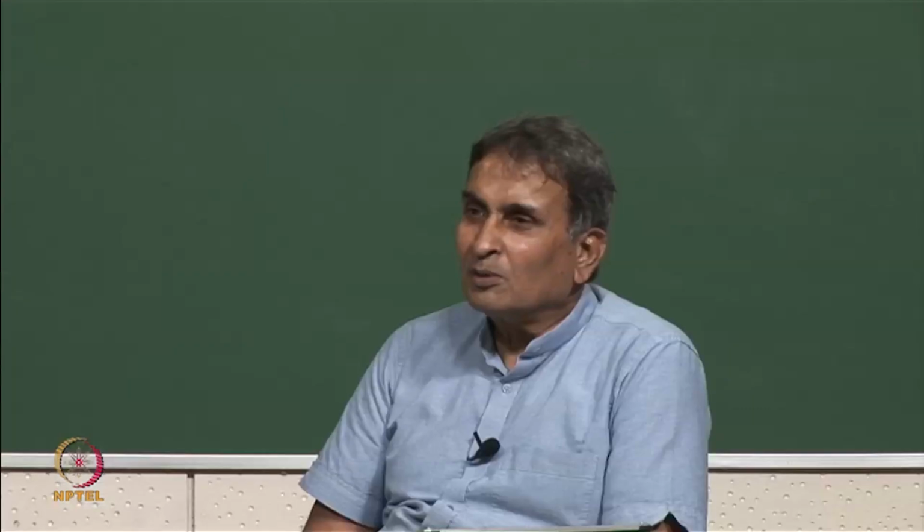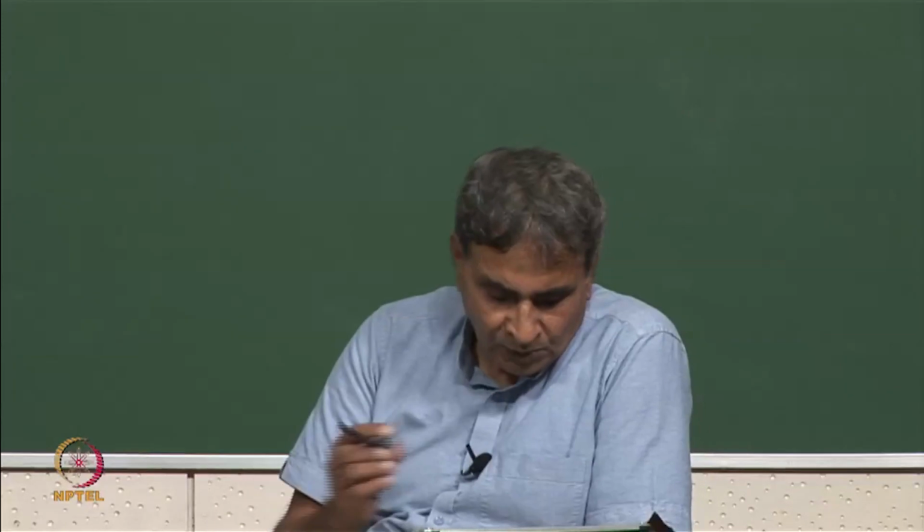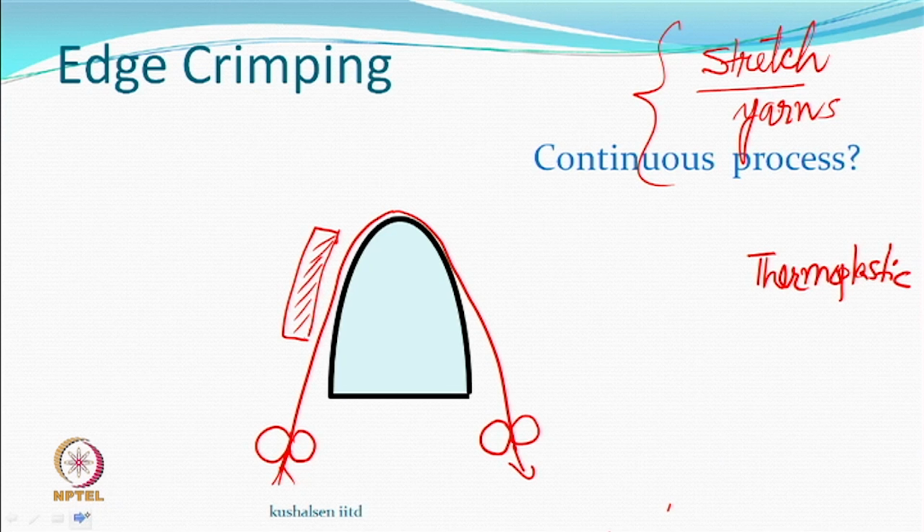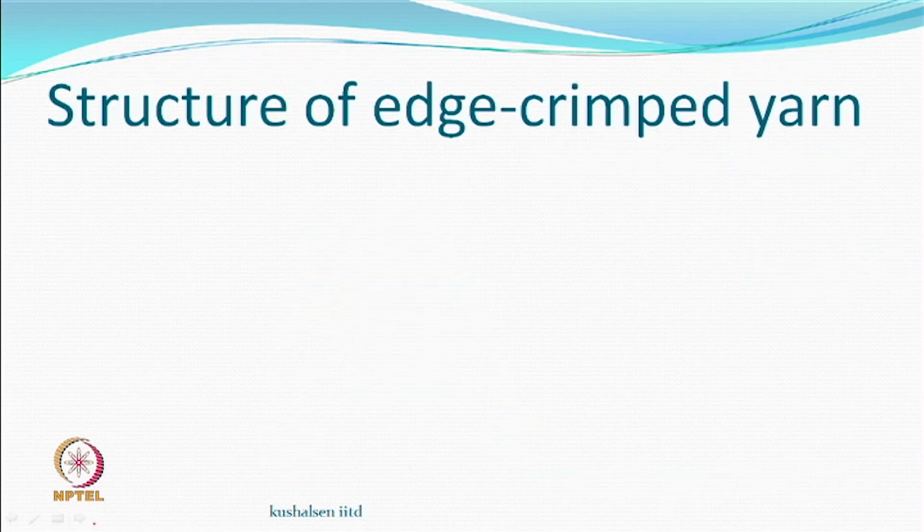Do you think it looks like a good idea or it is a bad idea? Good idea. The good idea part is that it appears to be a very simple process. You are just moving over an edge. So, a simple process is always a good idea. What kind of structure are we likely to get here?